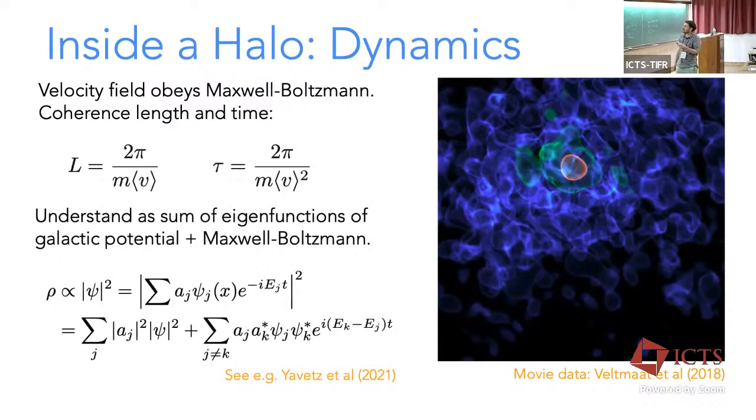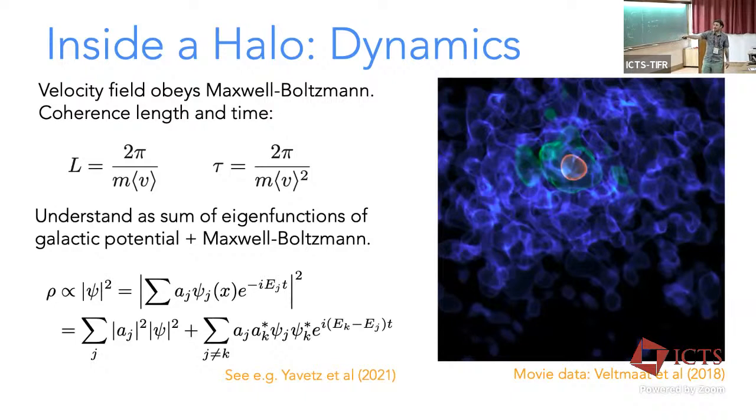You can understand the time dependence of this by thinking, okay, I've got the Schrodinger equation. I need to write down the eigenfunctions of the gravitational potential, so I can write down the wave function as some x-dependent part plus some time dependence given by the energy eigenvalues.